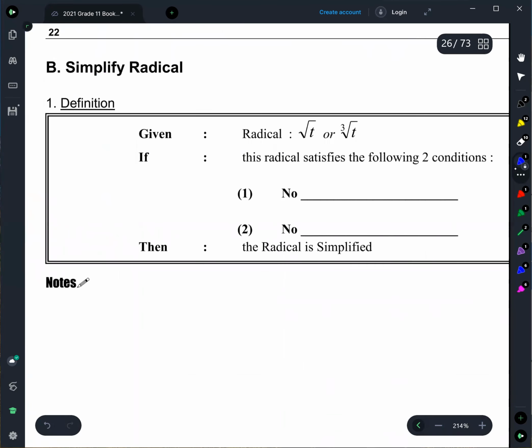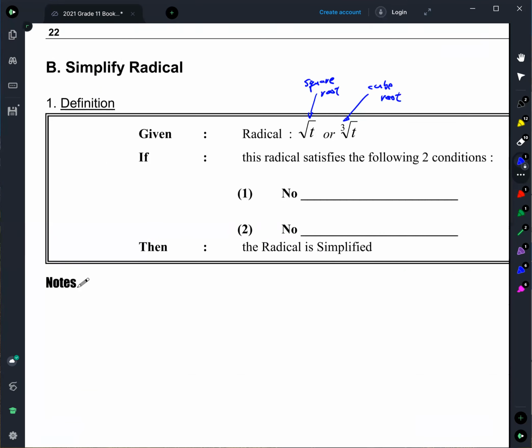So there are 2 conditions that you need to check. When they give you a square root or a cube root, this one is the square root, and this one is the cube root. The radical must satisfy the following 2 conditions.